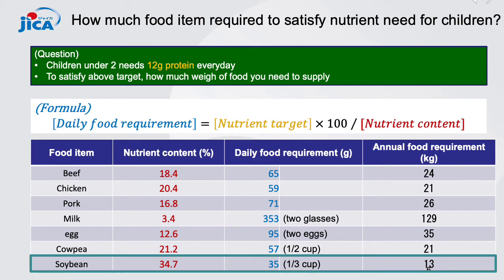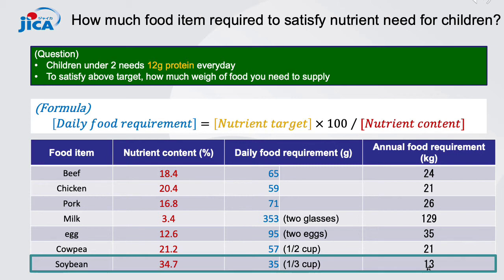Then we can identify a target nutrition, 12 gram protein every day. That is the WHO standard. Children under 2 need 12 gram of protein every day. So to satisfy this nutrition target, 12 gram protein every day, how much food item is required? This is a question for this slide.